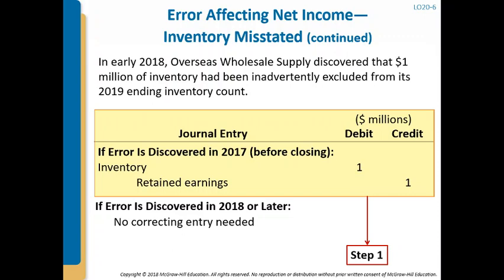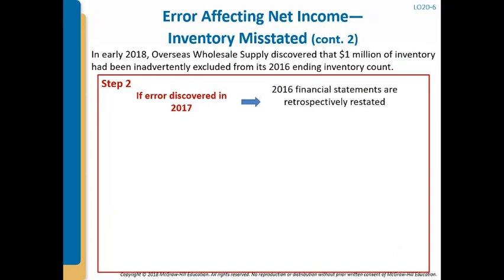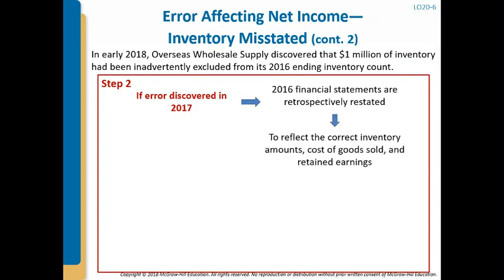So they would make the change in 2017 before closing, and of course, like we saw, no correcting entries needed if discovered in 2018 or later. And of course, if you have 2016 financial statements as comparatives, you have to retrospectively restate those to correct or reflect the correct inventory amounts, cost of goods sold, and retained earnings.